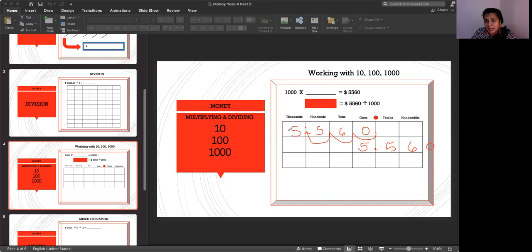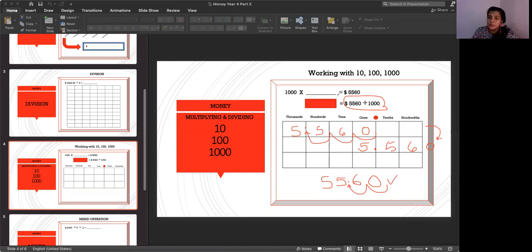Now notice how your number 5,560 has become 5.56. Such a big number became such a small number. In fact, it became 1,000 times smaller because you divided the number by 1,000. If you had divided this number by 100, 5,560 divided by 100 means you move 2 places to the left and you would get 55.6.